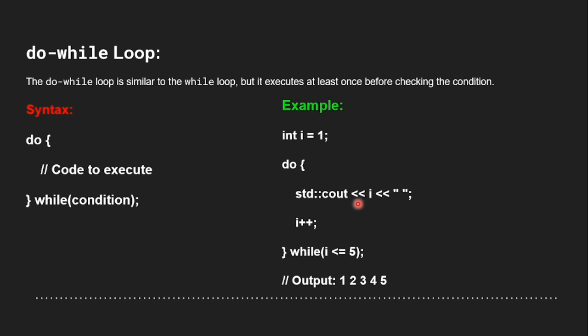For example, at the first stage, 1 will be printed. At the second stage, it does the increment, adds 1 to the initial value, that becomes 2, and this 2 will be printed on the screen. And at the third stage, 3 will be printed.